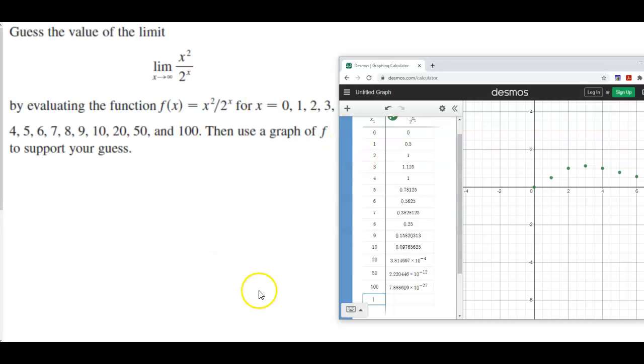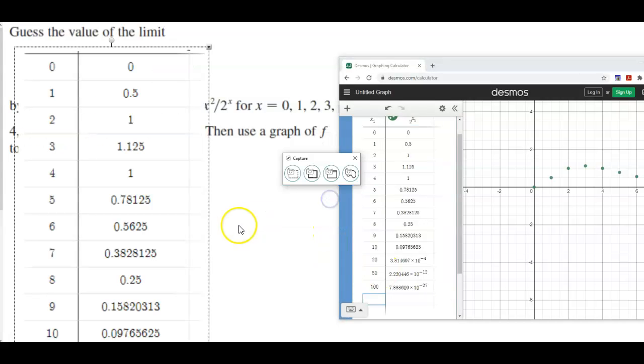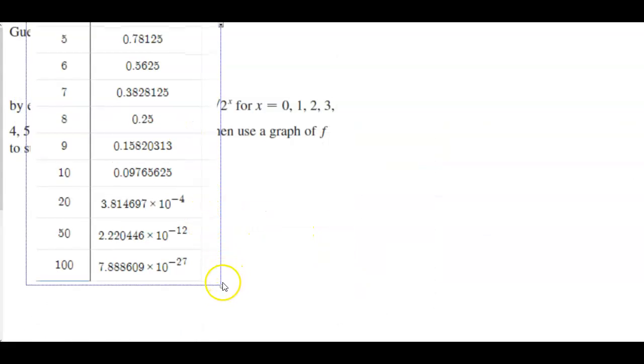So let's go ahead and copy those values here. So here is our table.